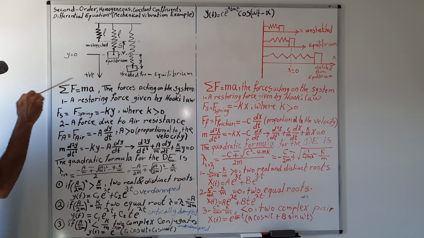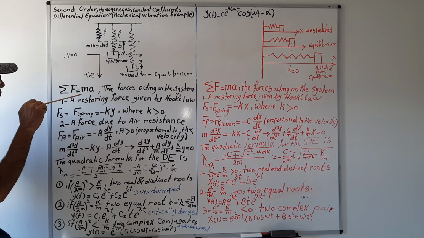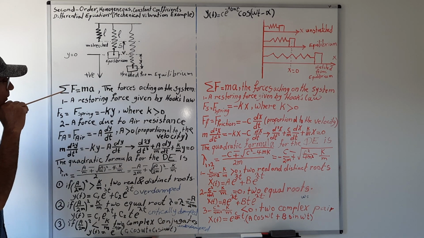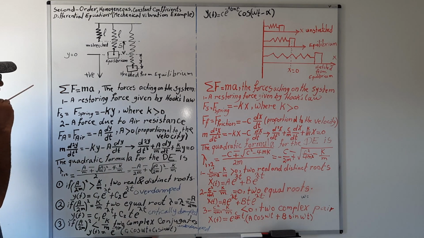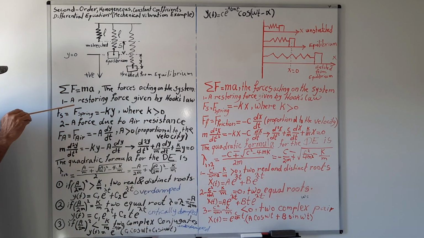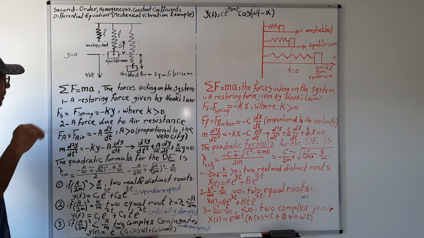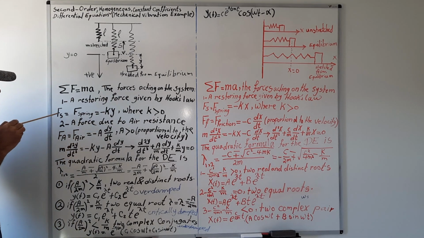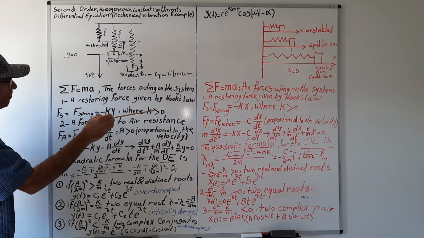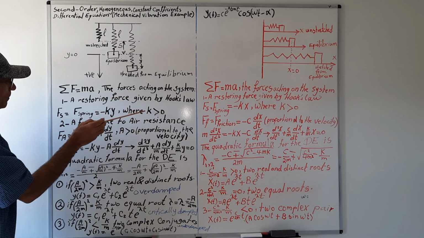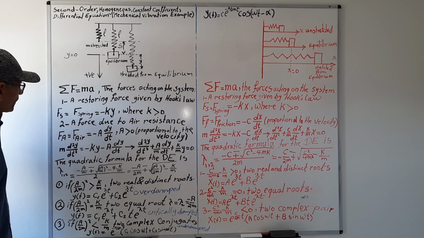We have the summation of forces equal mass times acceleration. This is Newton's second law of motion. And the forces acting on the system, the first one, a restoring force given by Hooke's law, which is F spring equal minus k y, where k is bigger than 0 and k is the constant of proportionality.